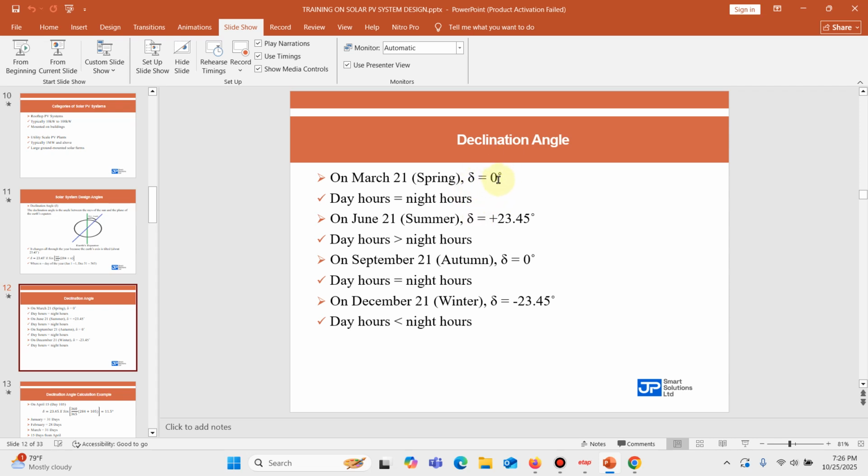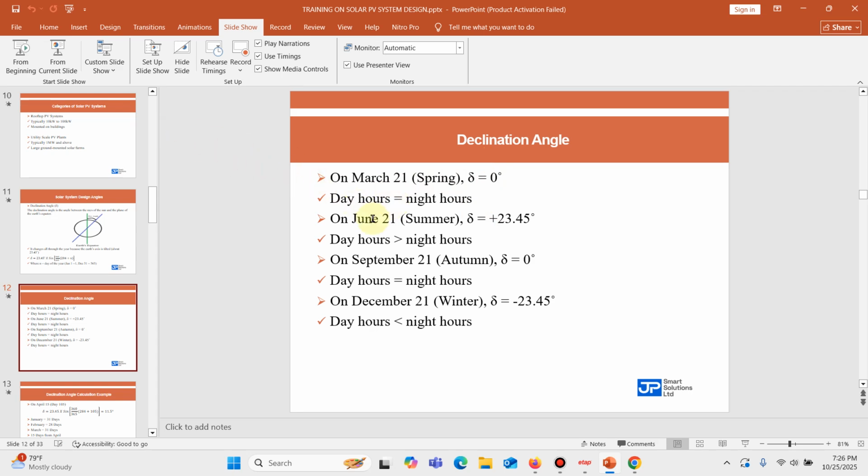So at 0 degrees, the number of hours during the day is equivalent to the number of hours during the night, because the sun is directly above the equator.